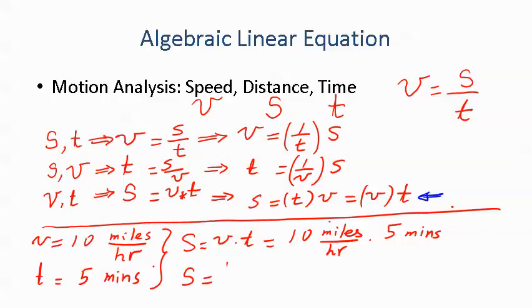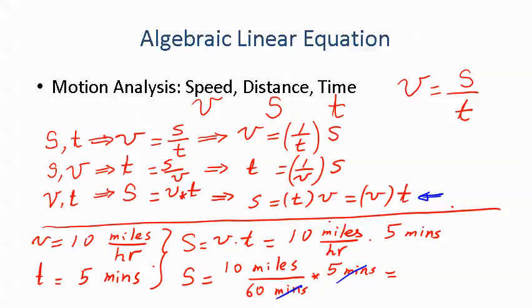So here, what we are going to do is substitute hour with 60 minutes. And of course, after we perform the substitution, we can cancel out the minutes from this equation.